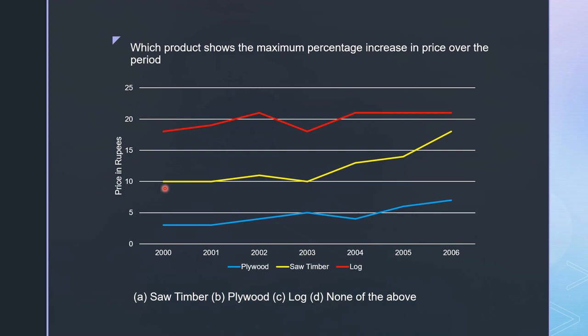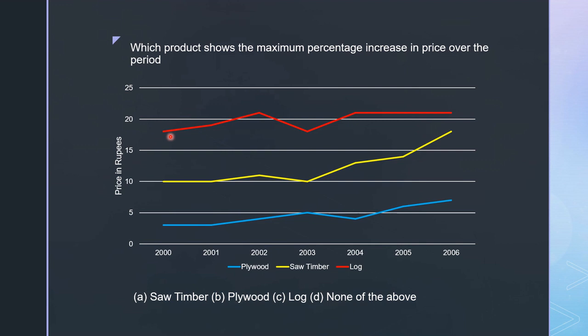So in 2000 the saw timber value is 10, and in 2006 the value is 18. So 18 is greater than the initial value. How do we calculate the percentage? 18 minus 10 divided by initial value 10 into 100, and we get the percentage value.